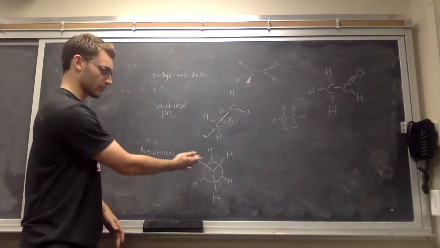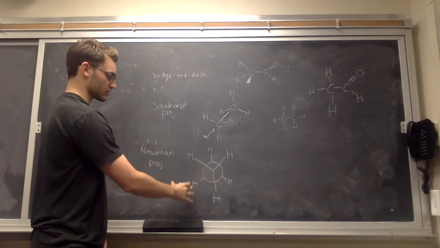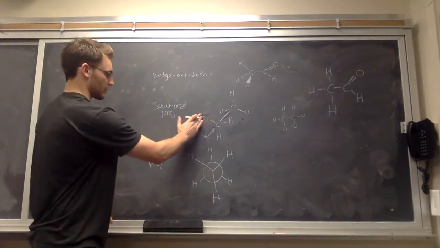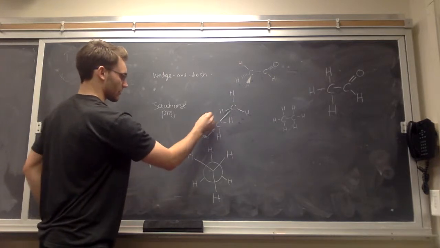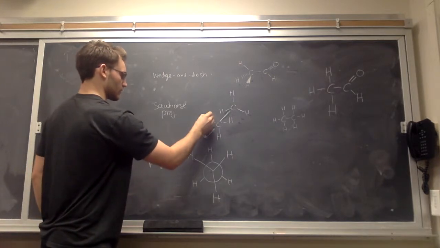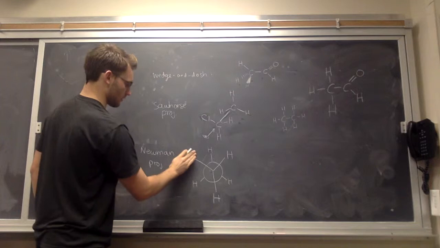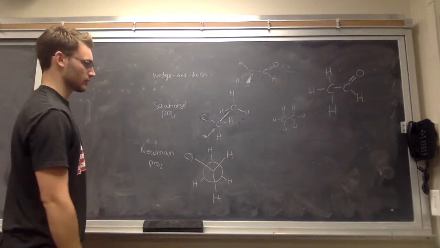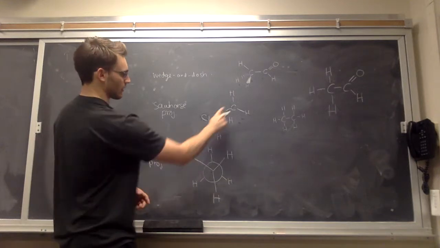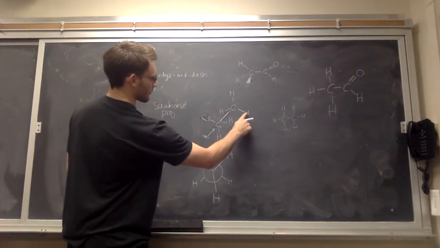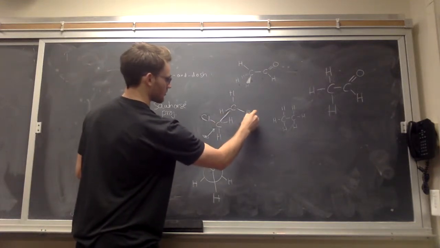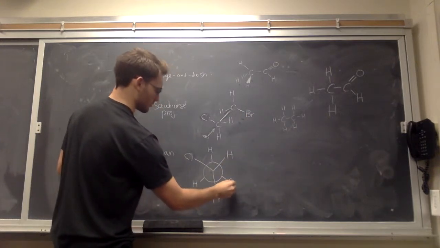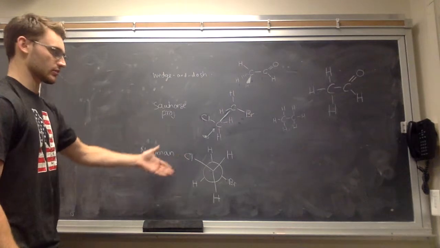So for example, this is just showing the hydrogens here. I could have a different group instead of hydrogen, like if I replaced this with a chlorine, obviously this hydrogen would be replaced with chlorine. And if I replaced this one down here with a bromine, this one down here would be replaced with bromine. So these are analogous in many ways.